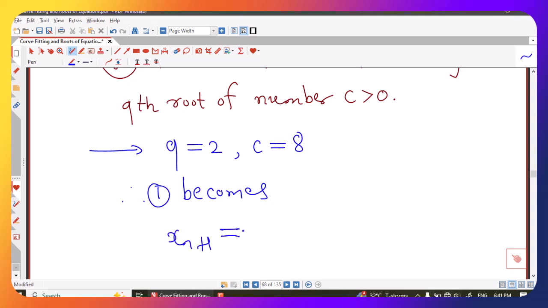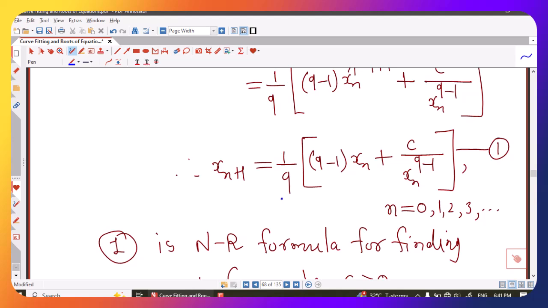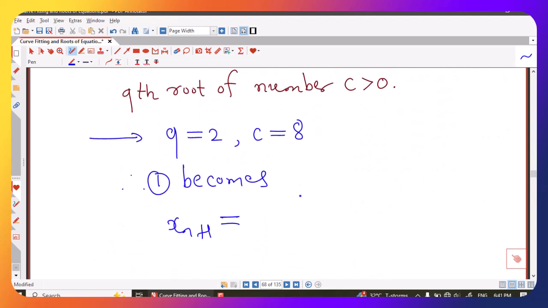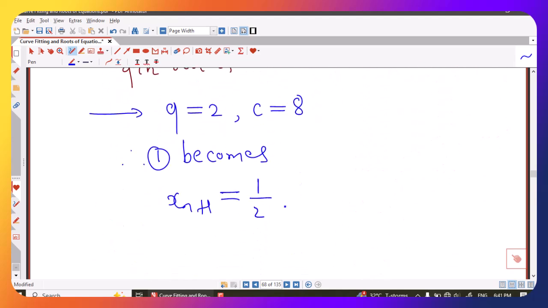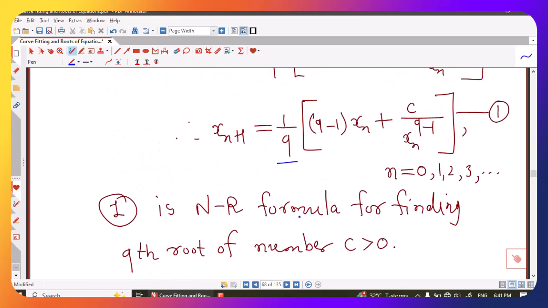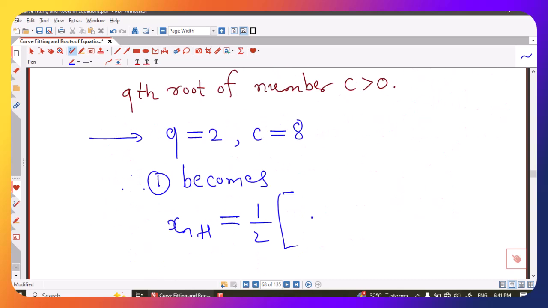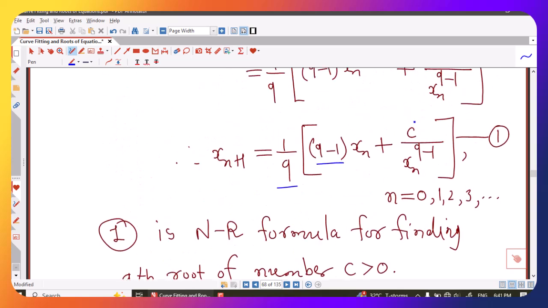xn plus 1 equal to, here I have 1 by q and q is 2, so I will write 1 by 2. If I take q equal to 2 here, I will have 2 minus 1 times xn, that is xn only, plus c equal to 8, and if I take q equal to 2 here, I will have 1.